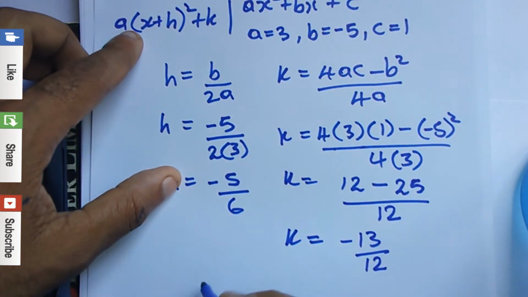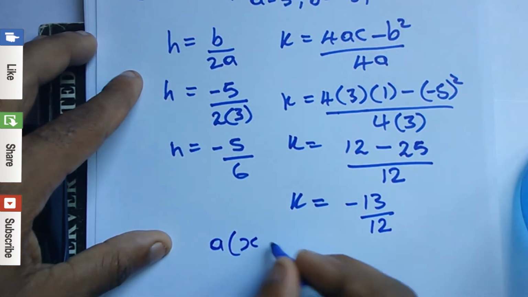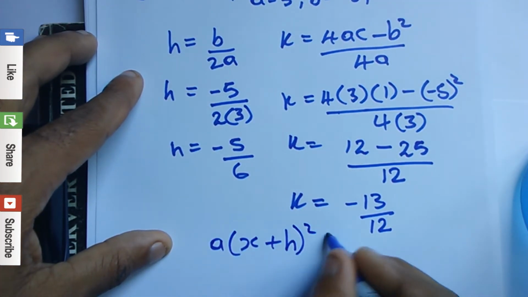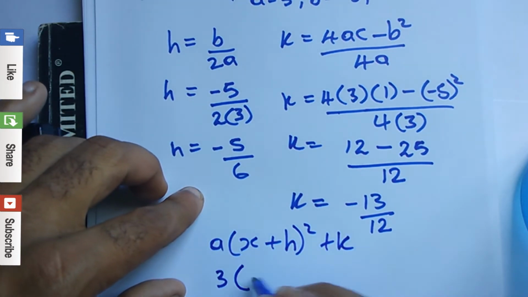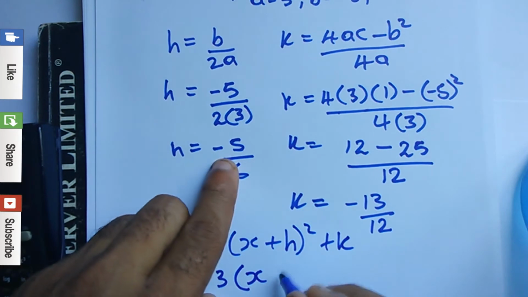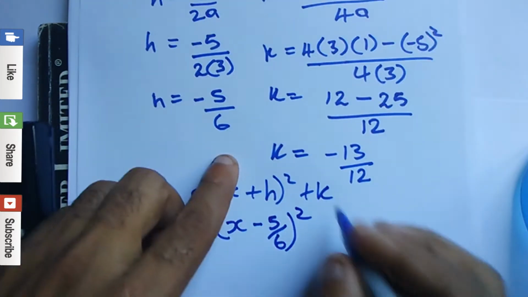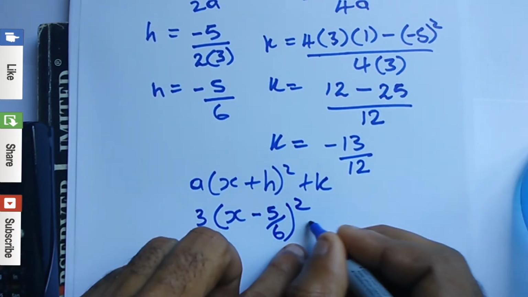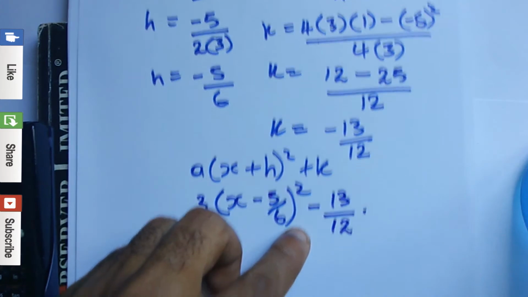We have a bracket x plus h close bracket squared plus k. So a is equal to 3 in bracket x plus h, but h is equal to negative 5 over 6, close bracket squared plus k, but k is equal to negative 13 over 12.